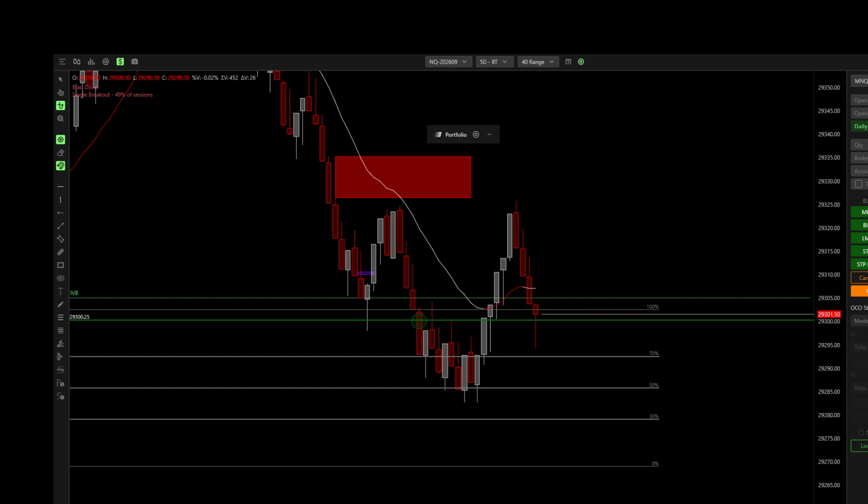Could just be a consolidation here for quite some time as well. But sellers are in control.